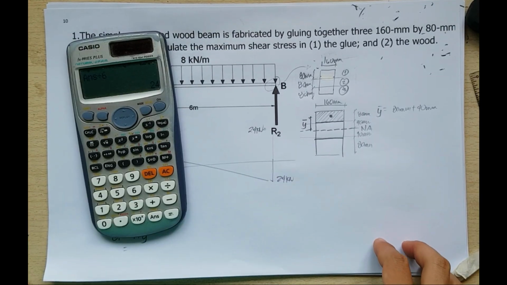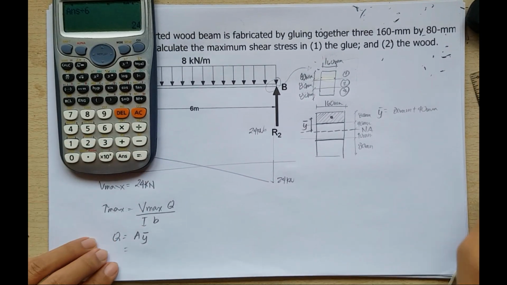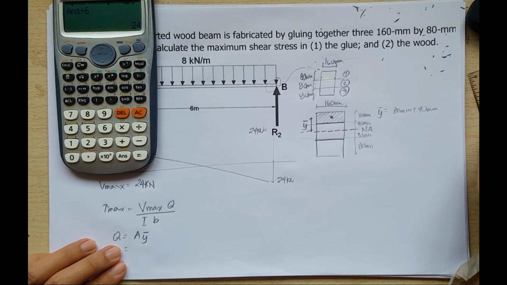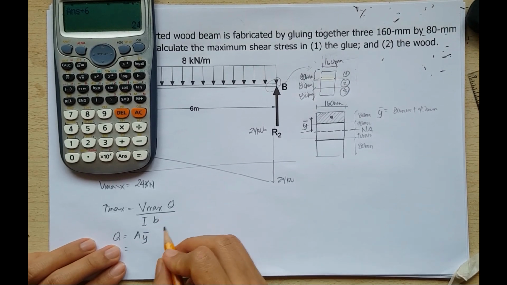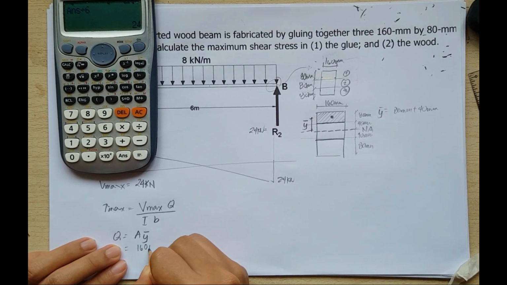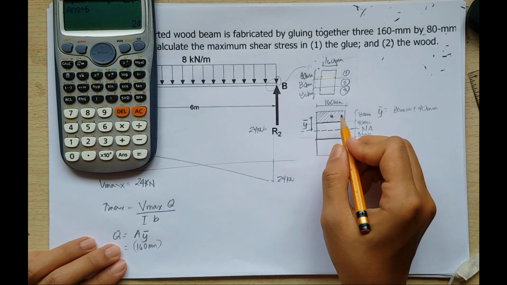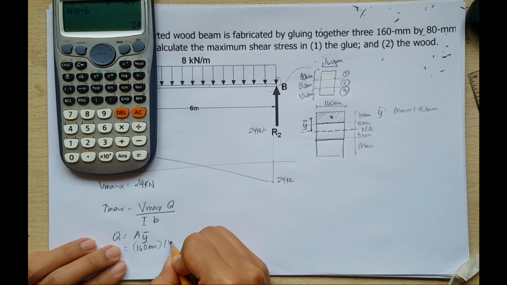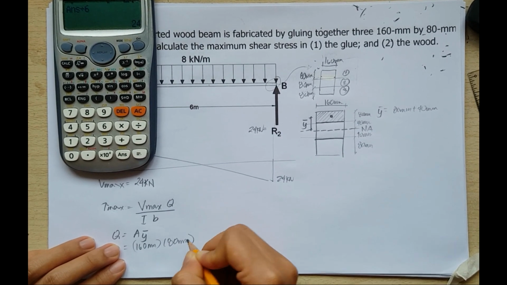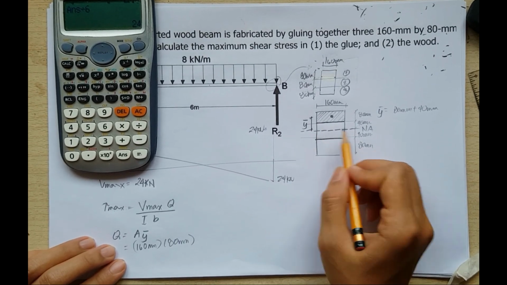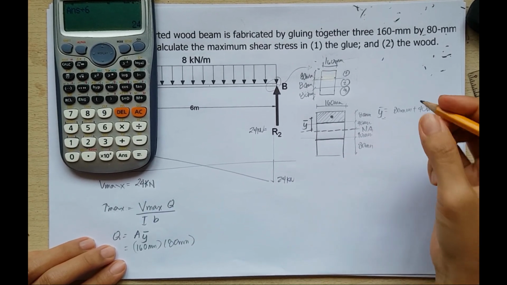So the area is equal to 160 millimeters multiplied by 80 millimeters multiplied by our Y bar.